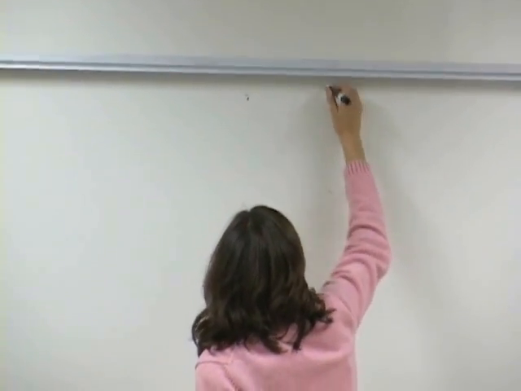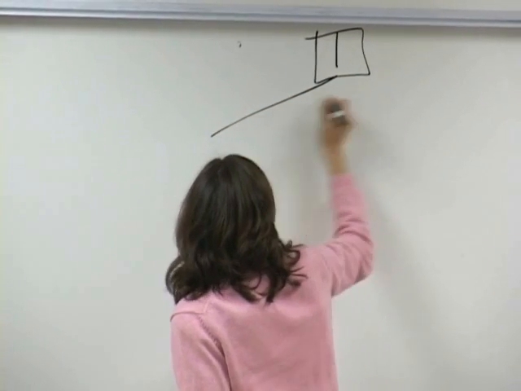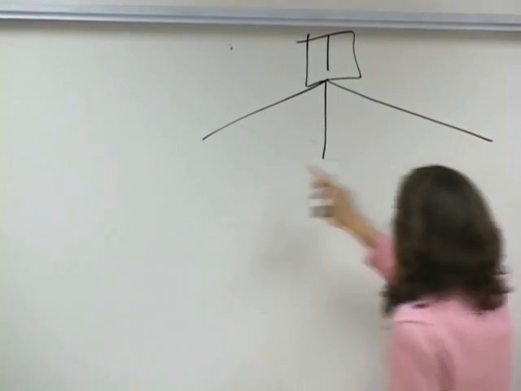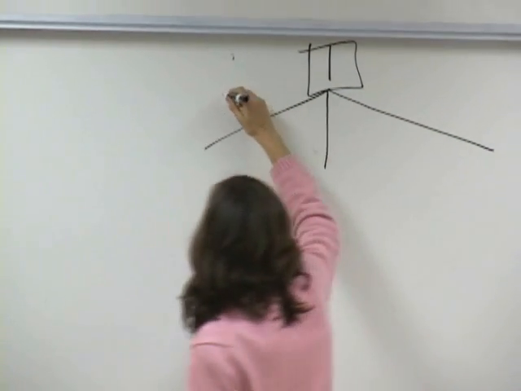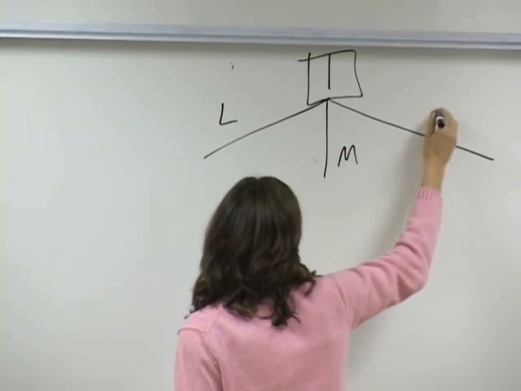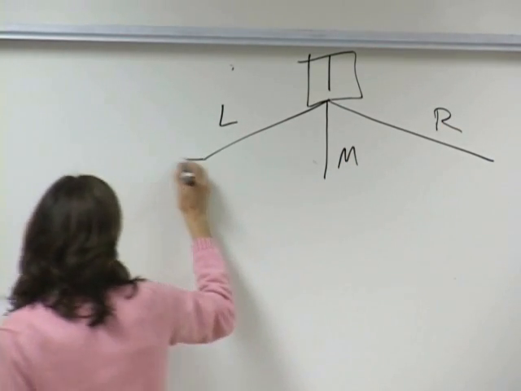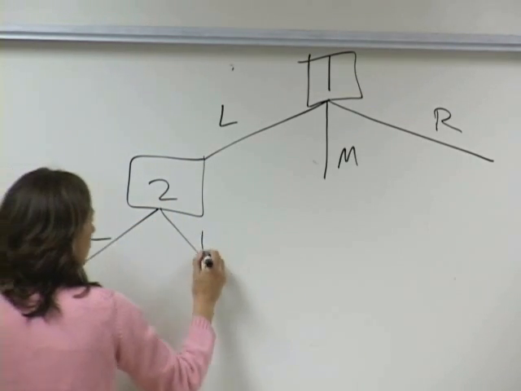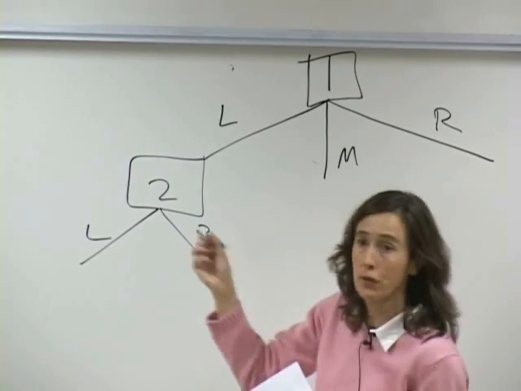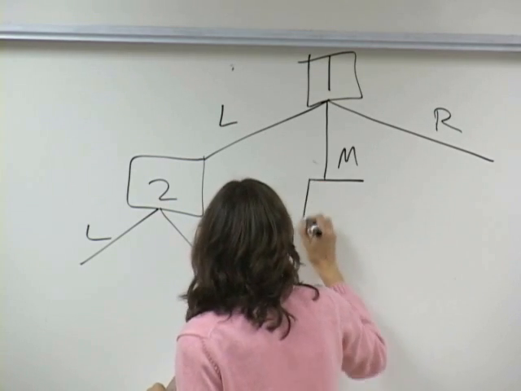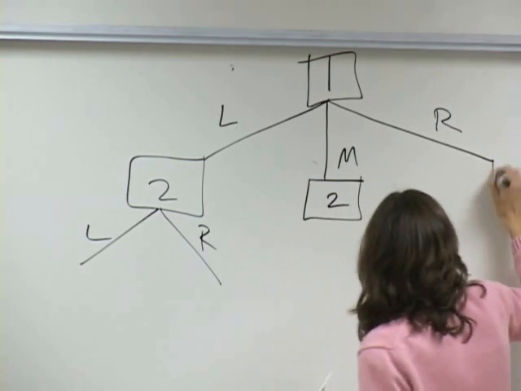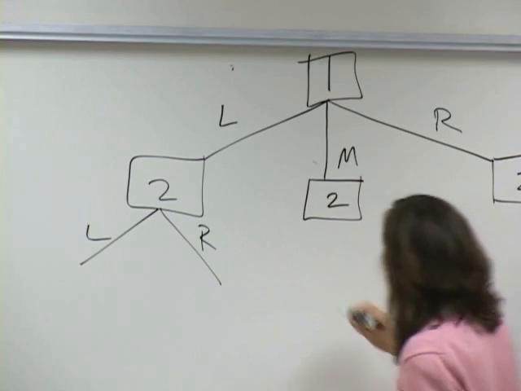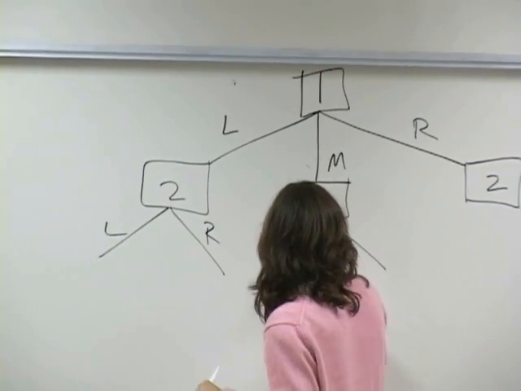Okay. So in that game, we had player 1 with now a 3-way choice. Player 1 can choose left, middle, and right. And then player 2 just chooses left and right. This is the first version of the game that I had on the board, not the little variation that I went to.